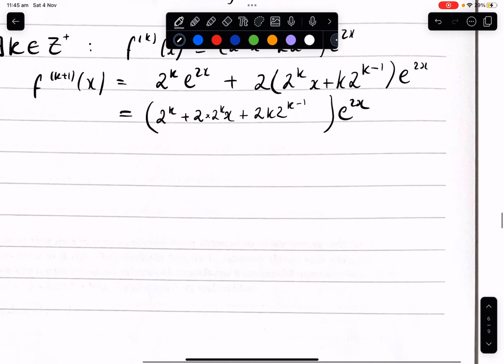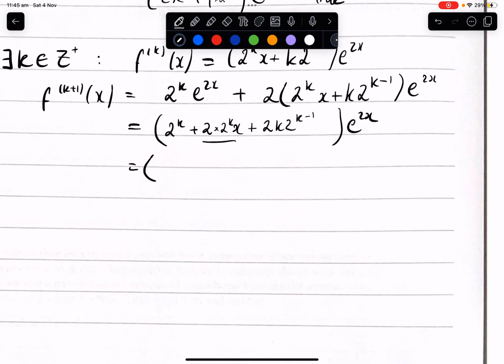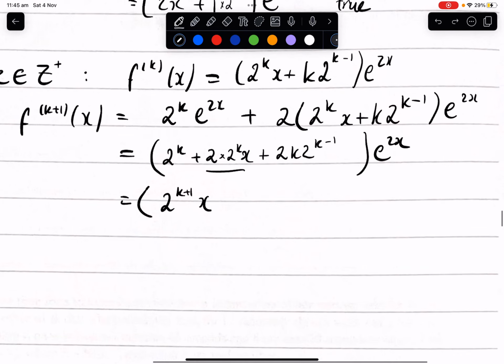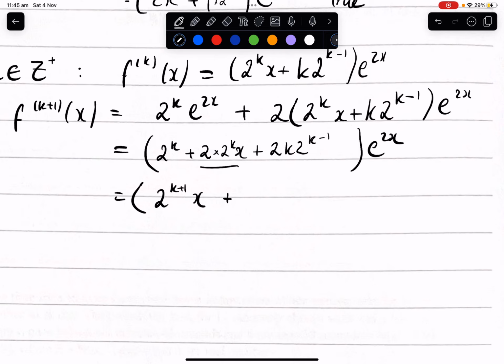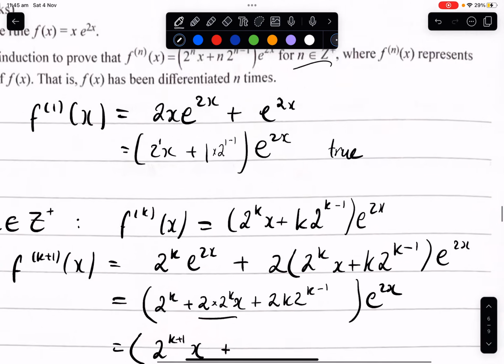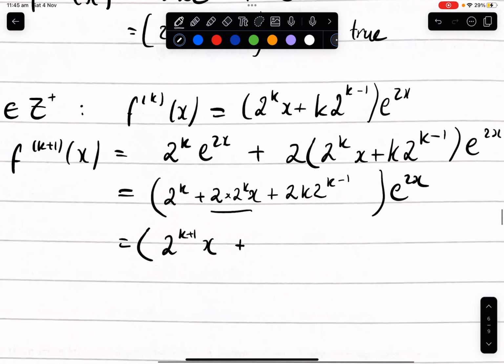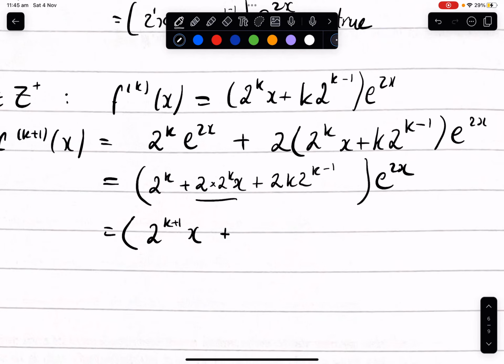Now, this part is already the 2 to the k plus 1 x, which is 2 to the n in this case. And then, what have you got? What's the next part? What have I done? So here, this is 2 times 2, that's 2 to the k plus 1 minus 1.